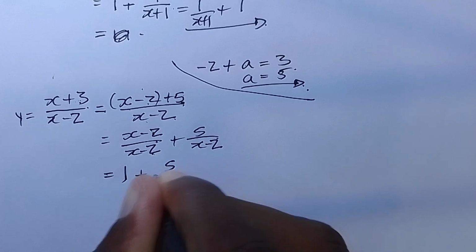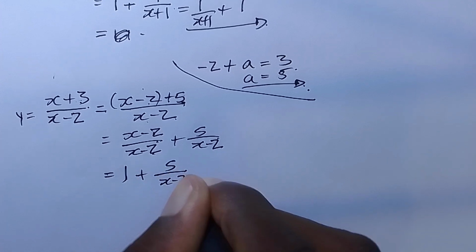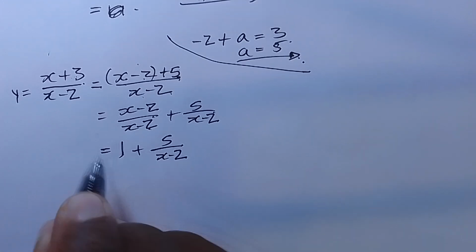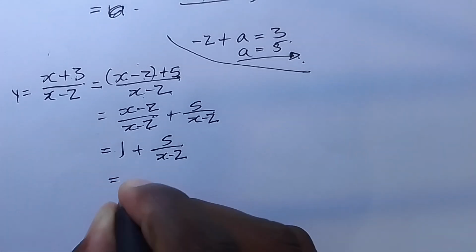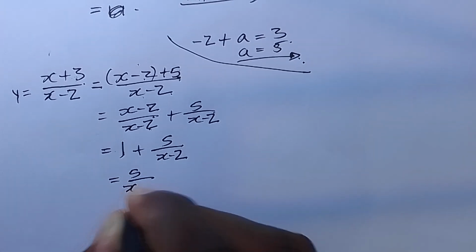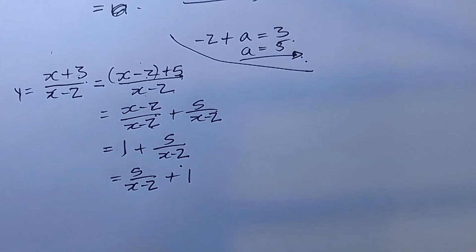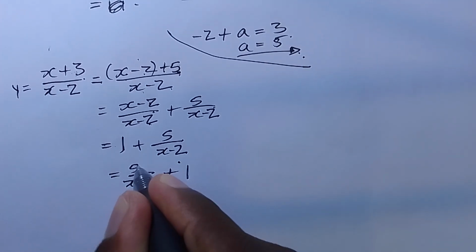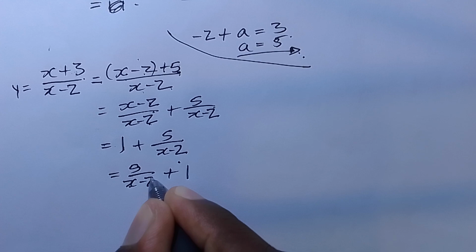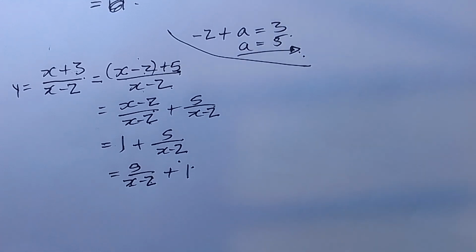Plus 5 over x minus 2. Now let's write this first and write the 1 on the other side. You have 5 over x minus 2 plus 1. And this is this equation in the form a over x plus p plus q.